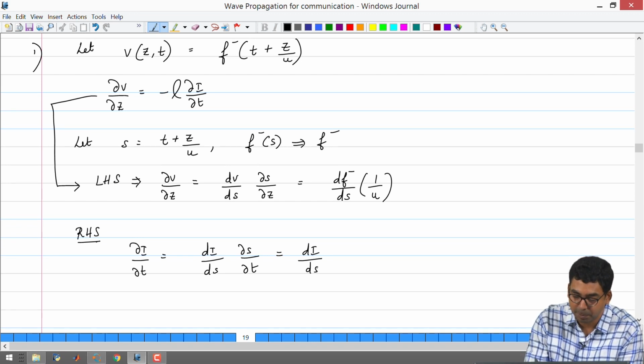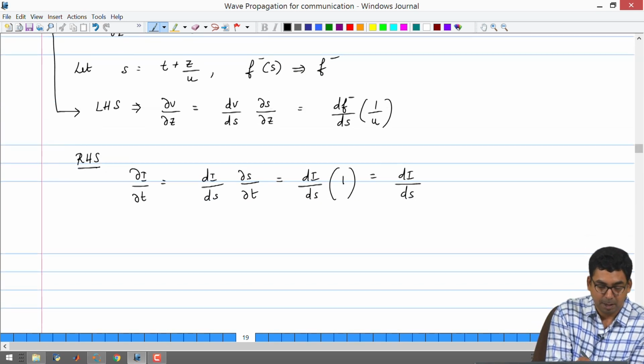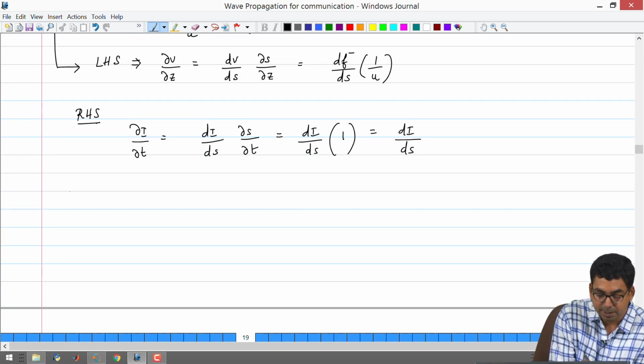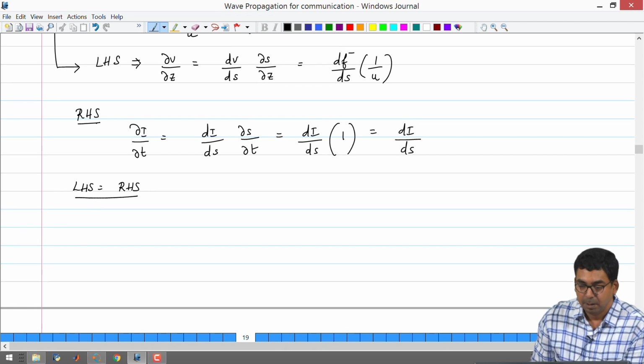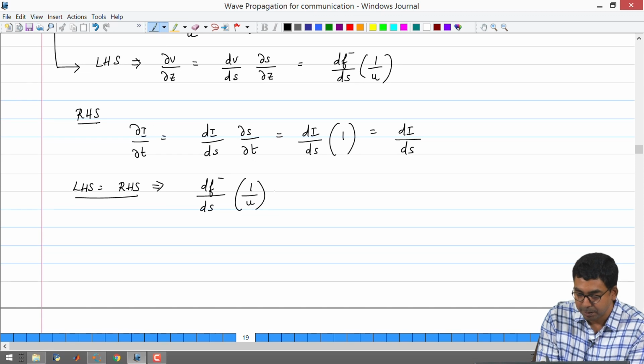So, multiplied by 1, this is simply di by ds. And the telegrapher's equation says that LHS is equal to RHS, which implies df minus by ds into 1 by u is going to be minus L di by ds.